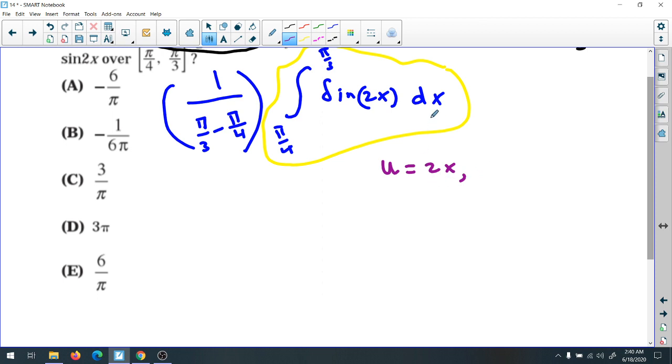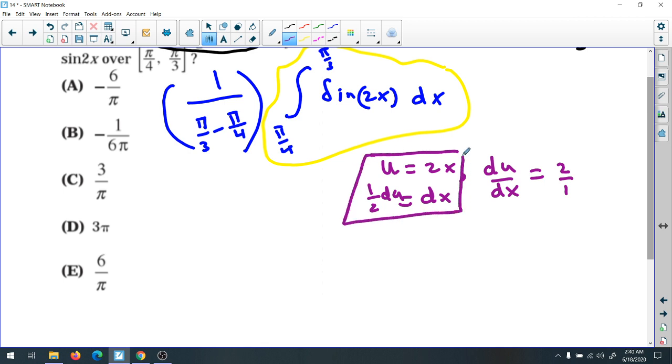Then we need to substitute for dx. The derivative of 2x is 2, and we're looking for dx, so dx equals du over 2, which is a half du.